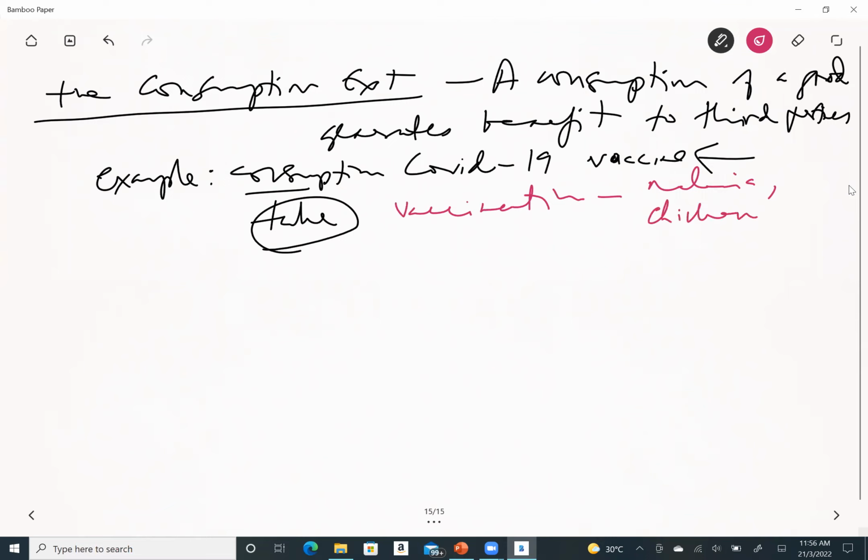But now we have another vaccine for COVID-19. So that is one example of positive consumption externality. Another is education. Now, how does education generate positive consumption externality?